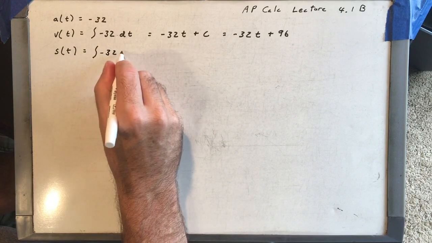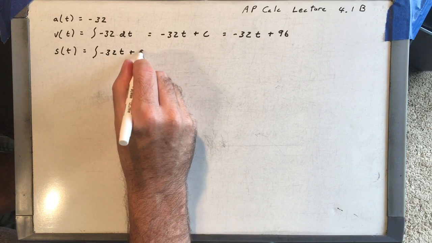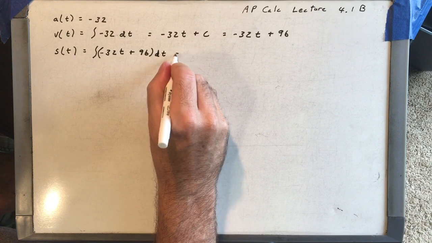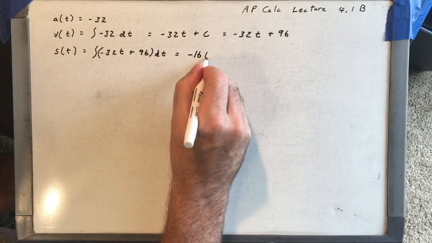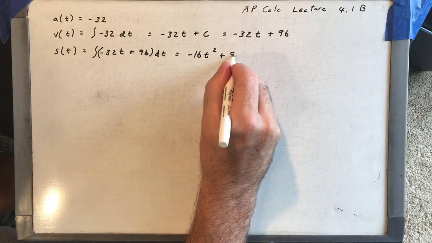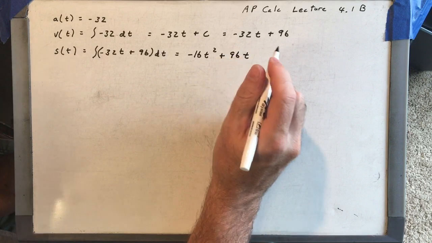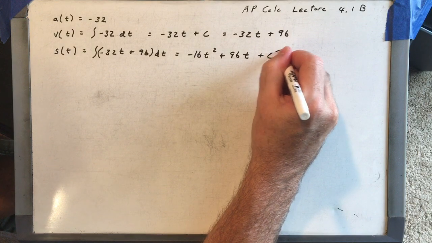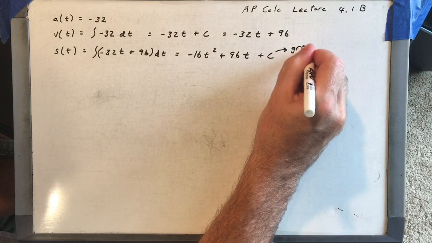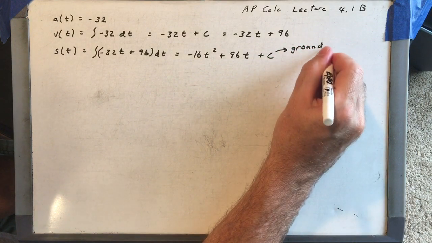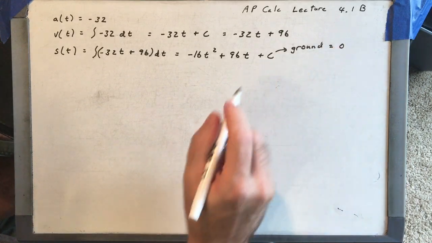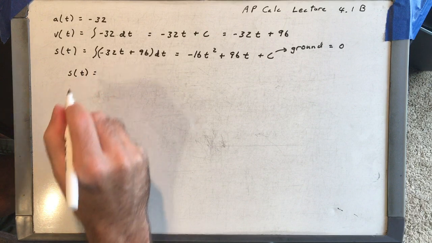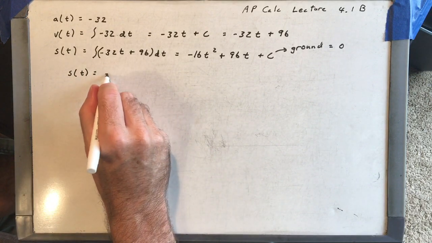Same thing, negative 32t plus 96 dt. That's negative 16t squared plus 96t. Our initial position is we're on the ground, so let's say that is 0. So s of t, some of your homework problems, that might not be the case. It'll tell you if it's at a certain height.